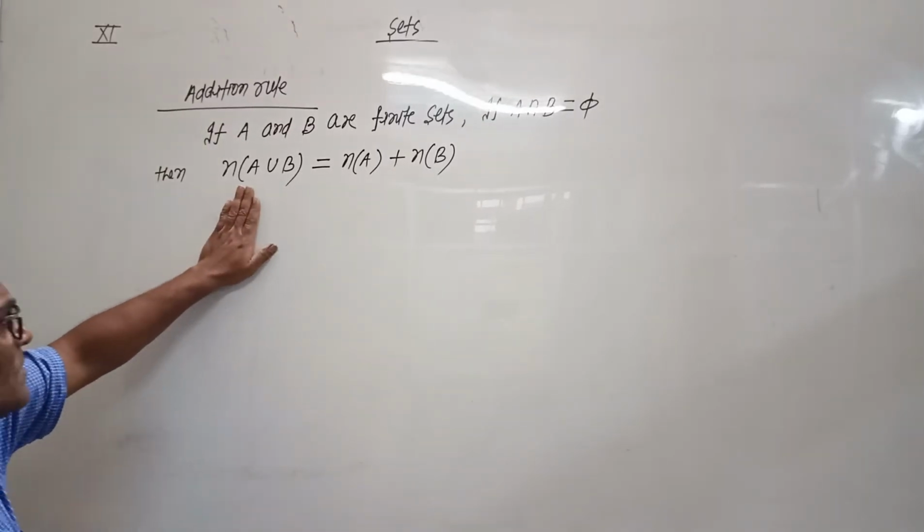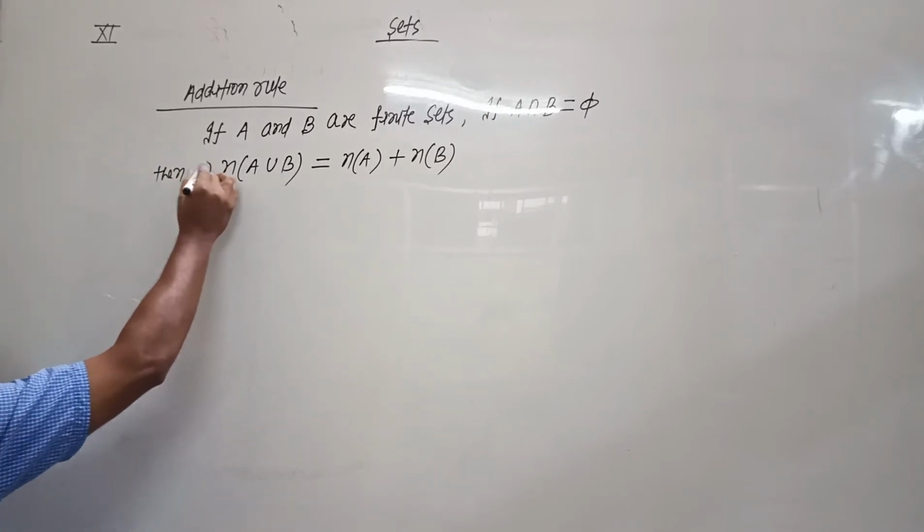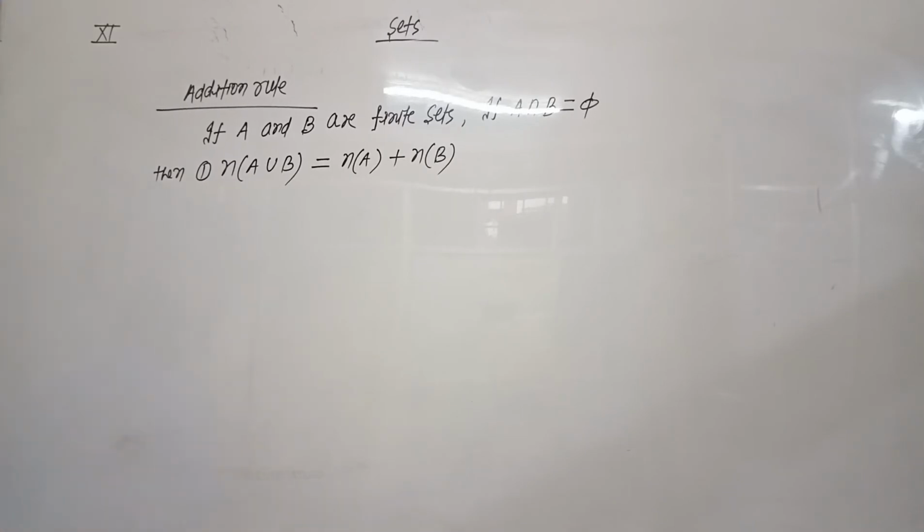Number of elements of set A union B is equal to number of elements of set A plus number of elements of set B, when A and B are finite sets and A intersection B equals phi.